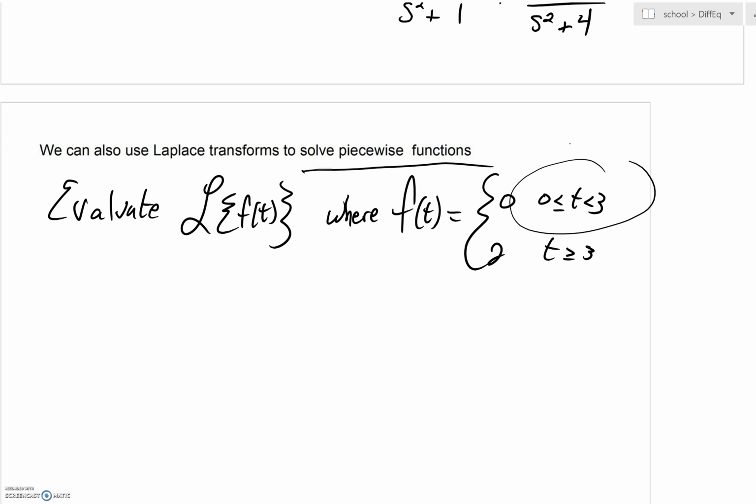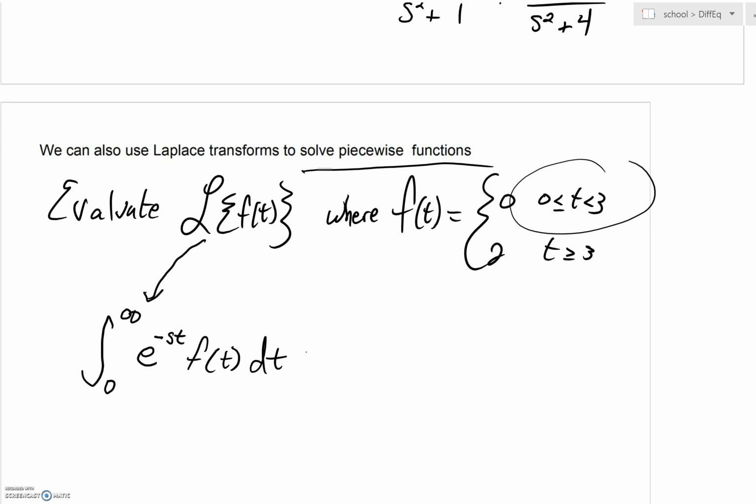And the problem is, guys, as we really begin to go back to this definition, we could say, look, when we're applying this Laplace transform, we're going to integrate 0 to infinity of e to the negative st of f of t dt. And here's the problem.